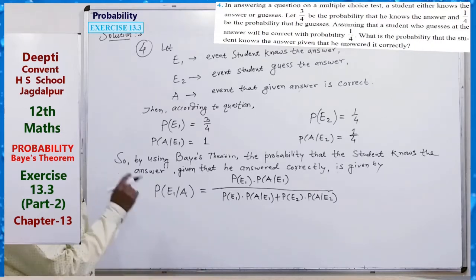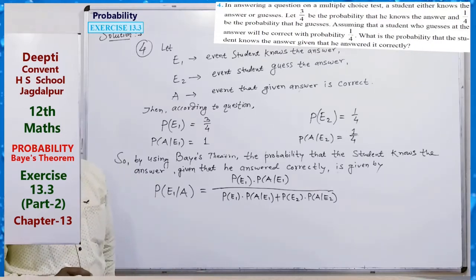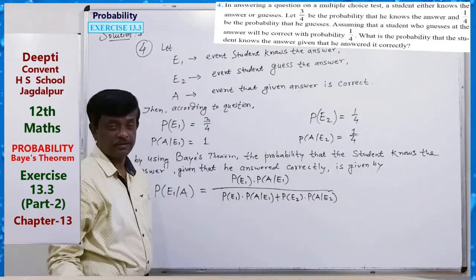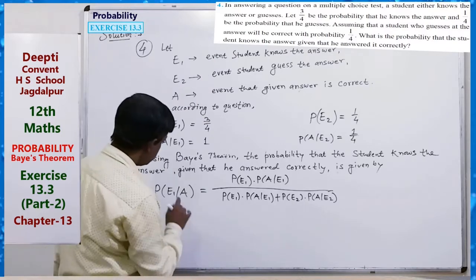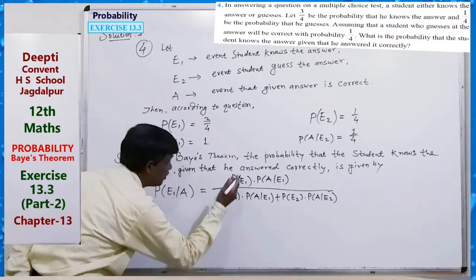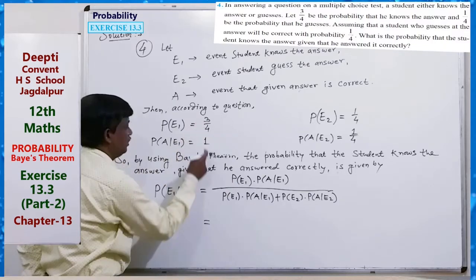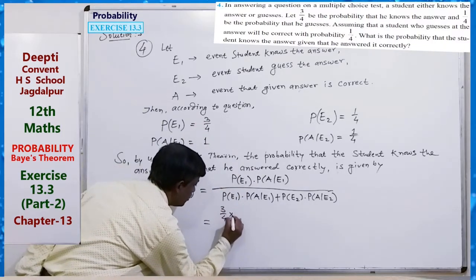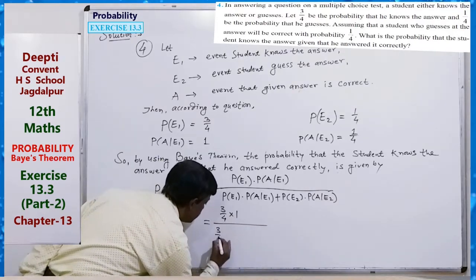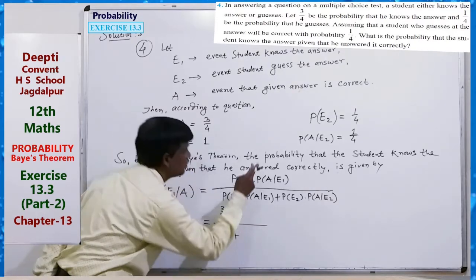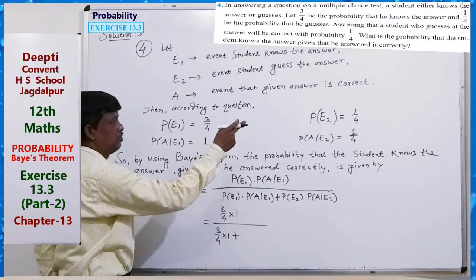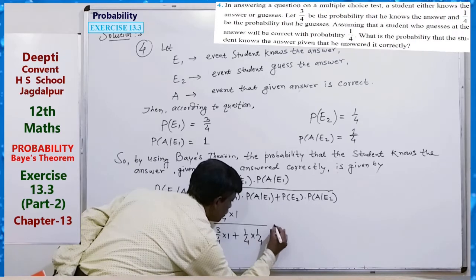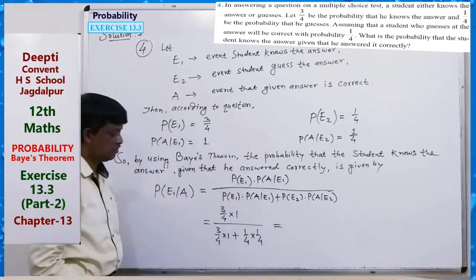So the main thing is what will be the events for particular questions. Here just put the value: 3 by 4 into 1, upon 3 by 4 into 1 plus 1 by 4 into 1 by 4. It can be solved very simply.